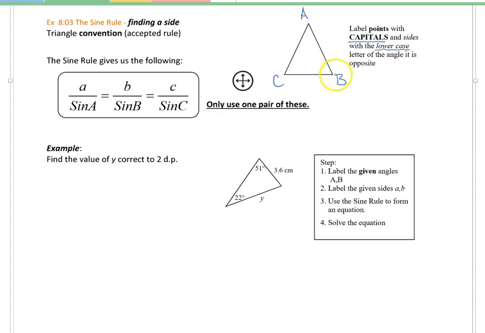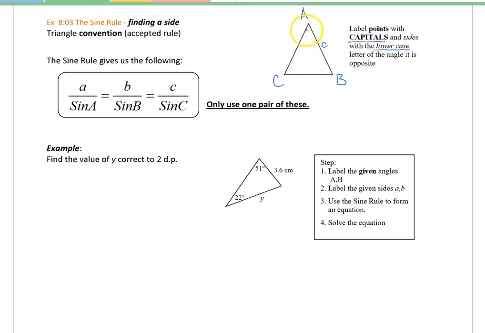So for this side here, between A and B, rather than having to decide is it a lower A or a lower B, it's neither, because it's named according to the angle that it's opposite. So it's opposite angle C, and it's a lowercase c. The side down here is between angles C and B, but that's not how it's named.